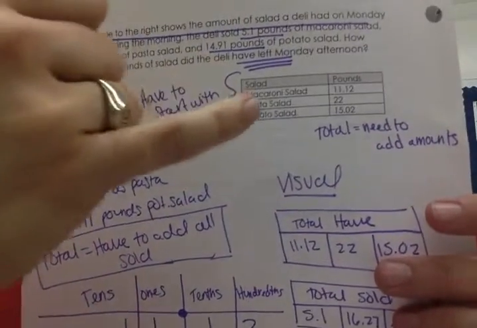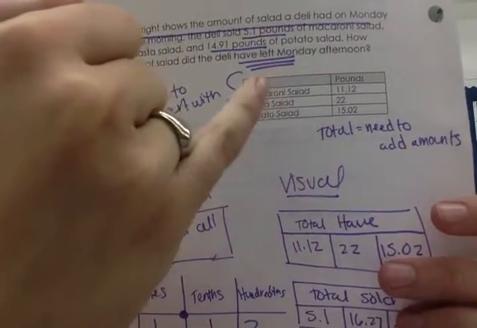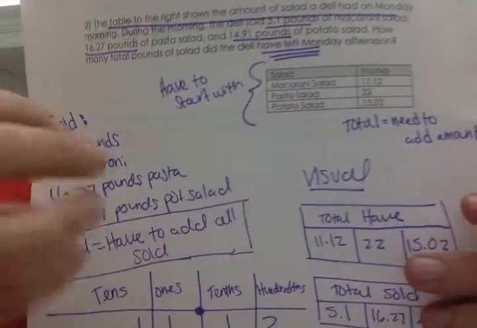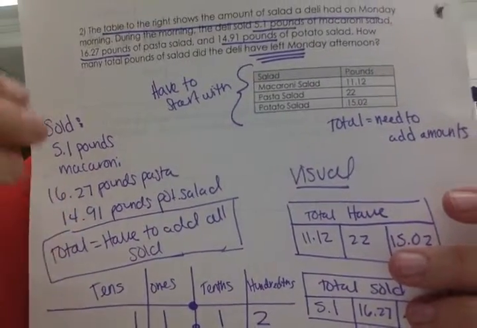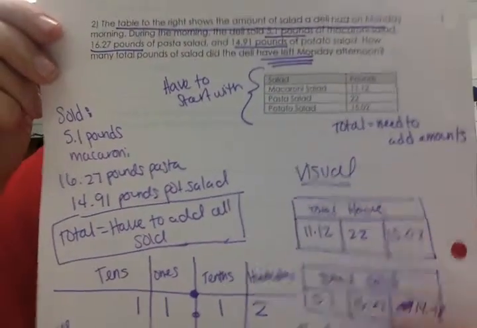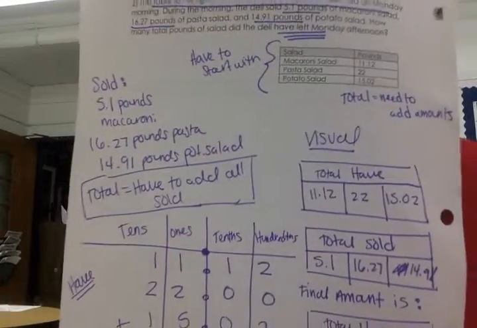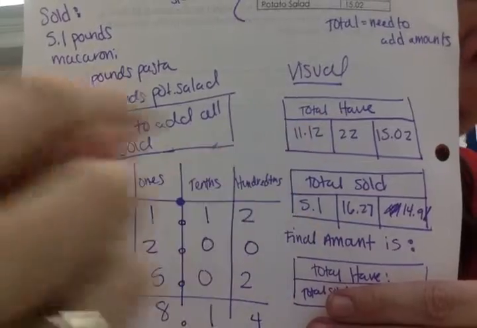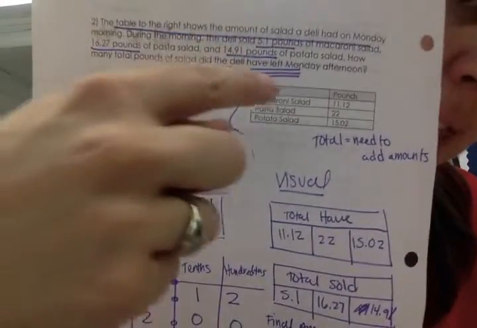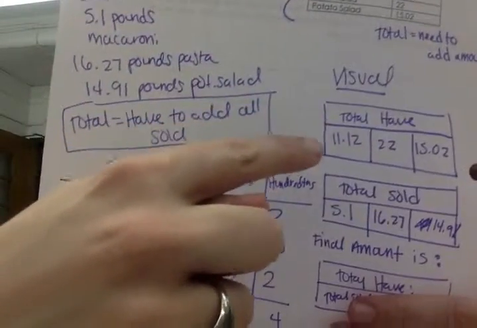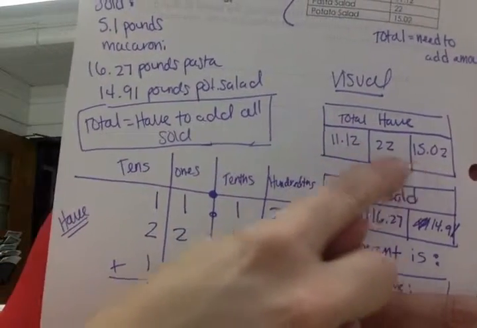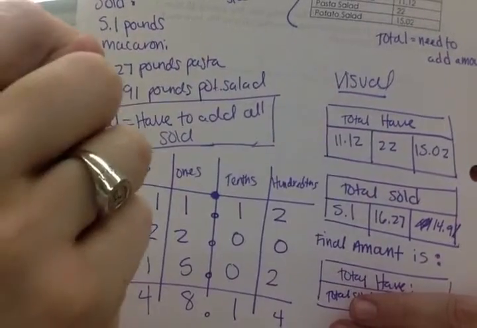Then finally, I need to know the amount that they had left. So I need to take the total amount that they start with and the total amount that they sell and subtract. Let's put this into a visual model. It's actually going to require 3 visual models. First, I'm going to find the total amount that they have to start. I'm going to take the numbers from my table and put them into the segments of the bar model, because with a bar model, we always add the segments together to get the total.